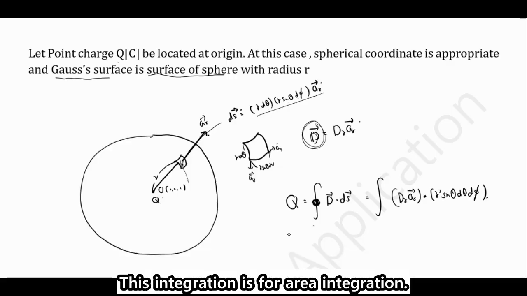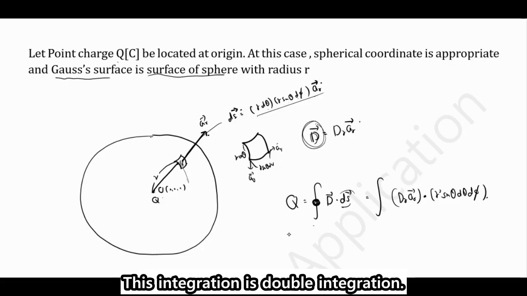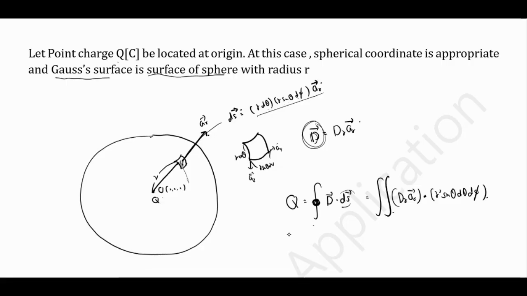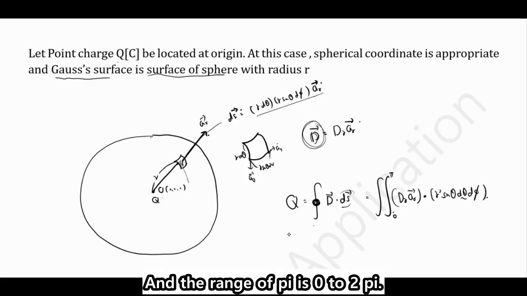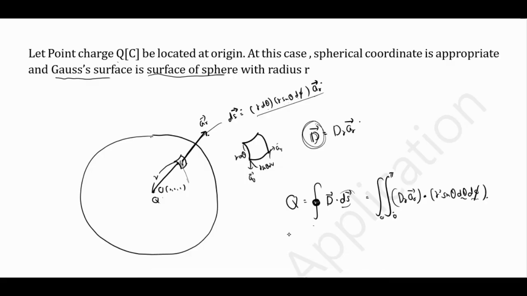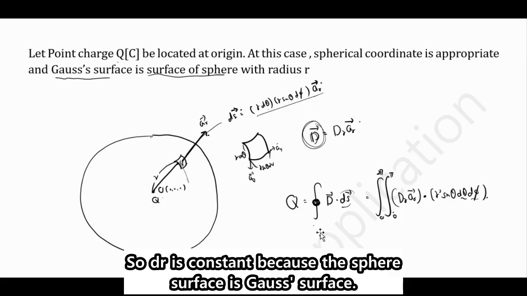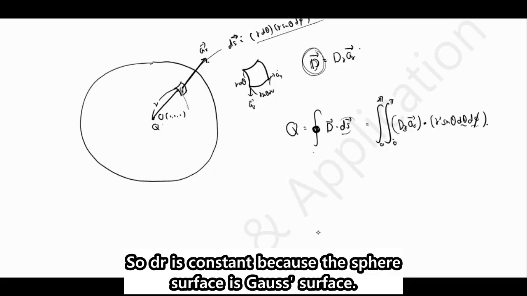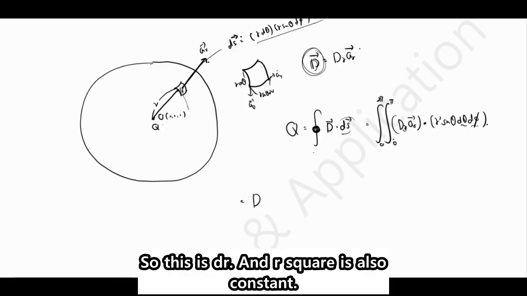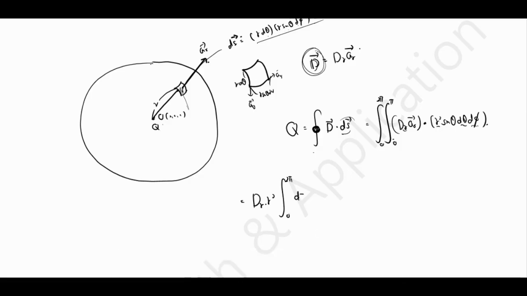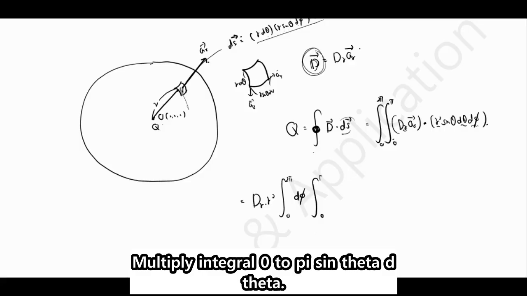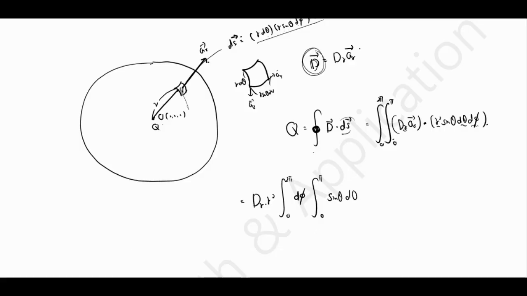This integration is an area integration, a double integration. The range of theta is from 0 to pi, and the range of phi is 0 to 2 pi. So D_r is constant because the sphere surface is the Gaussian surface. So this is D_r, and r square is also constant, r square, the integral from 0 to 2 pi d phi multiplied by the integral 0 to pi sine theta d theta.